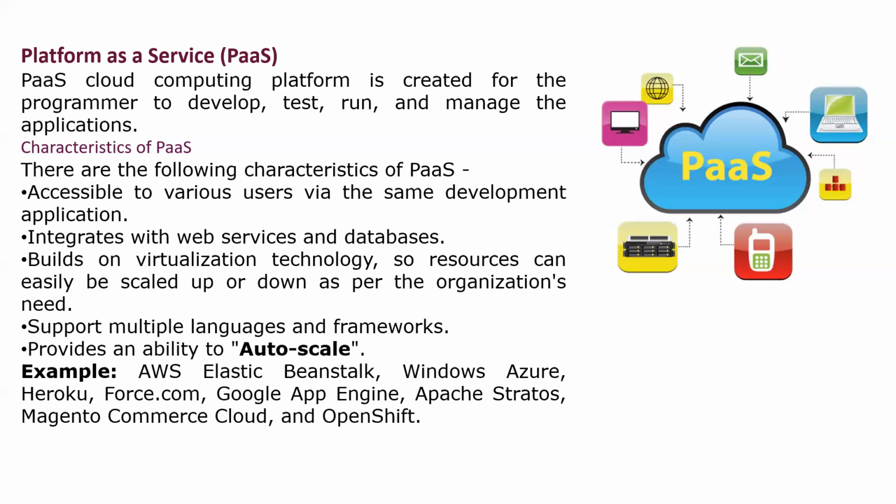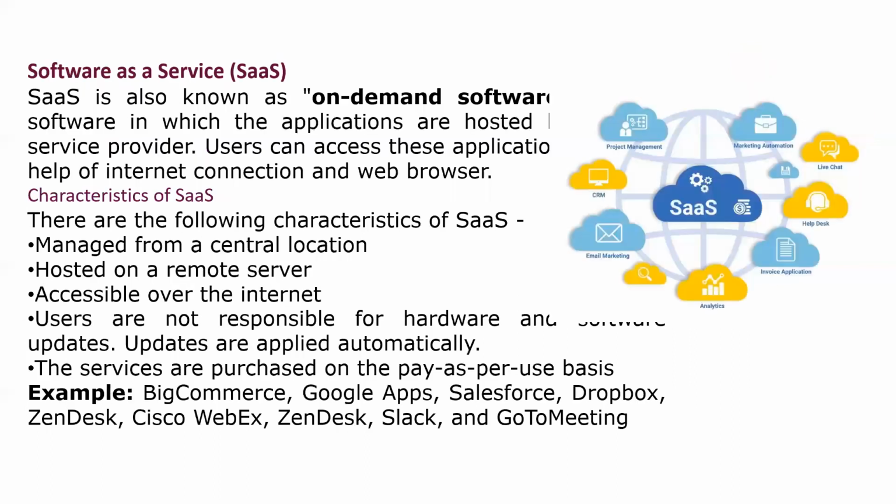Here you can see some examples of platform as a service: Windows Azure, then Google App Engine. Some other service providers are also there. So this is what you have to remember for PaaS.